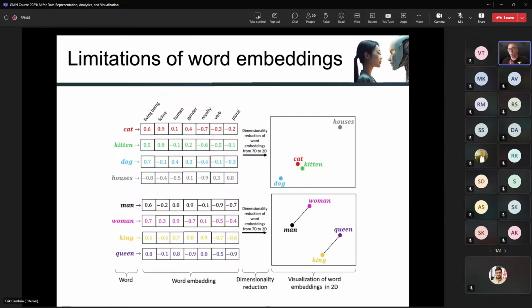We can use a dimensionality reduction technique like TSVD or random projections to project all these huge embeddings into a smaller space that can be 300 or 100 dimensions. In this extreme example here, we project into two dimensions only, and that's also doable.